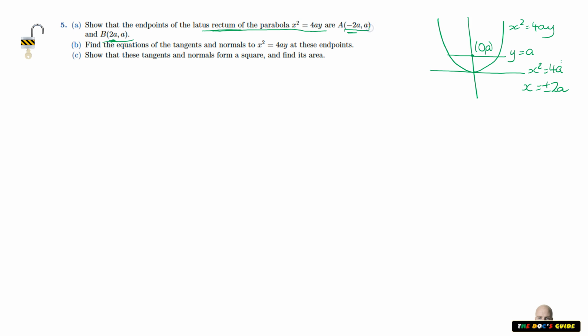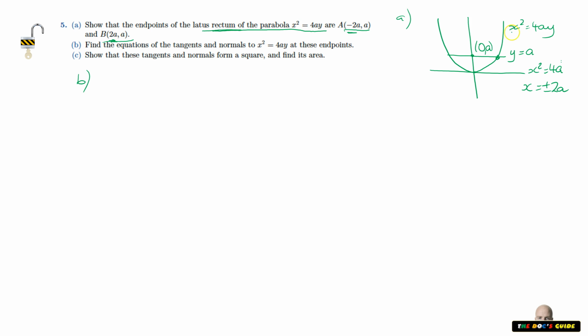And our y value is a altogether. So again, not in any way difficult, but it's not the sort of thing that you try to commit to memory. You just say, what do I know? How can I apply it? And away you go. Part B says find the equations of the tangents and normals at these endpoints.